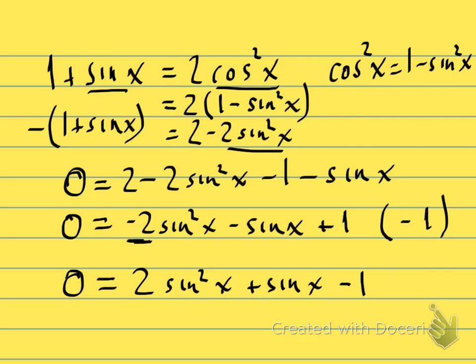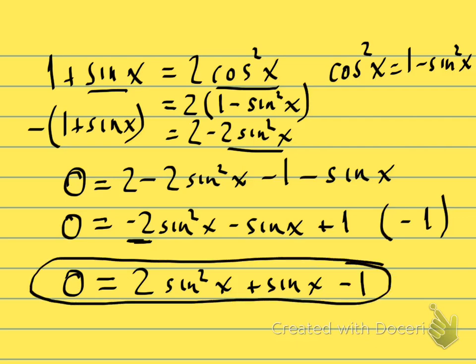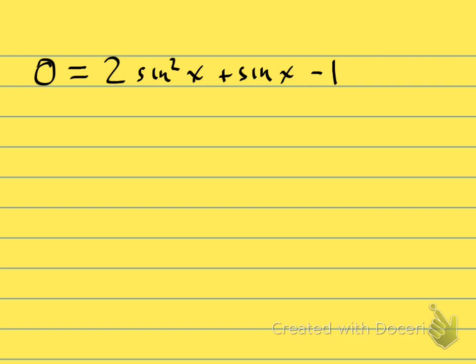So let's take a look at this equation right here and see what we can do with that. So 0 equals 2 sine squared plus sine x minus 1.